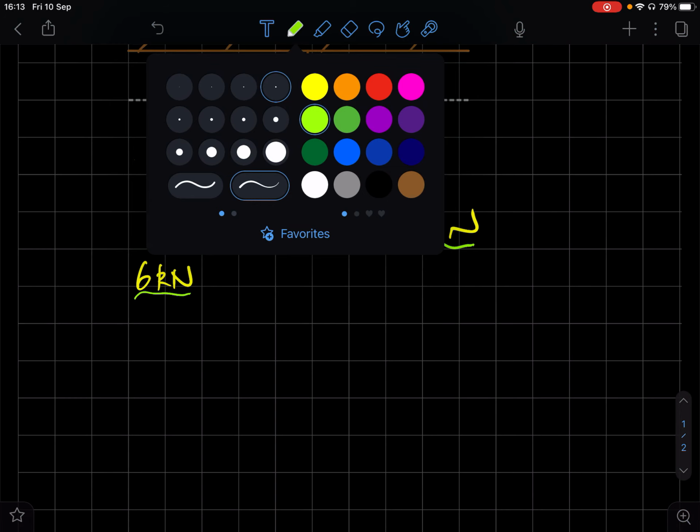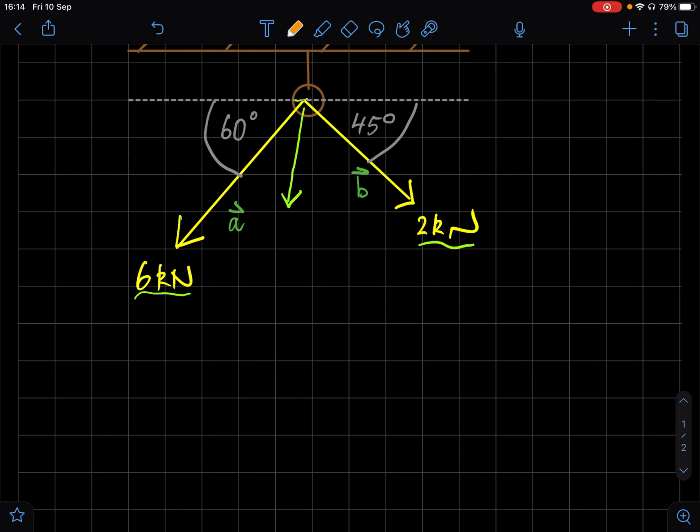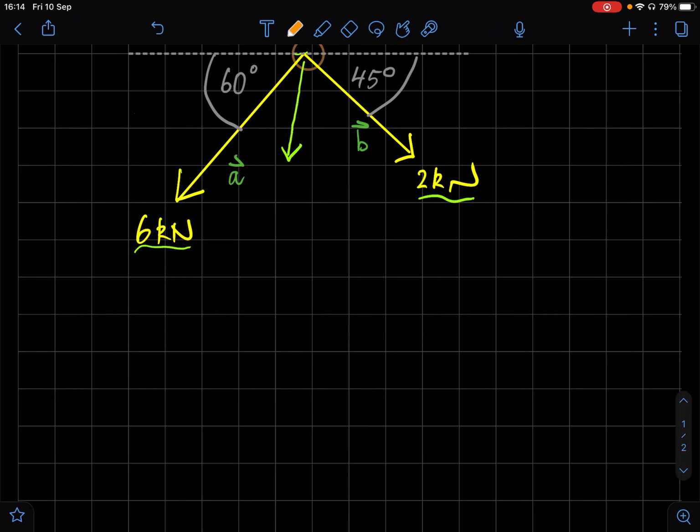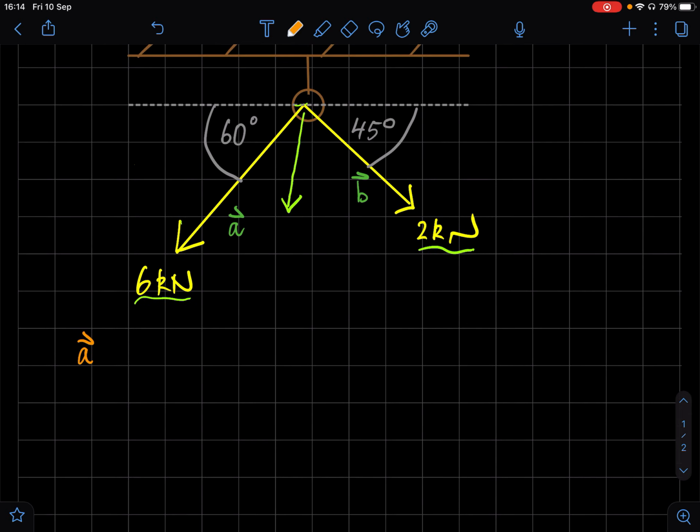So let's pick a different color. So vector A, if I put it in matrix form, I need to know the x component of this vector, right? If we're taking a look at it from this angle, it's going to be the x component here, isn't it?